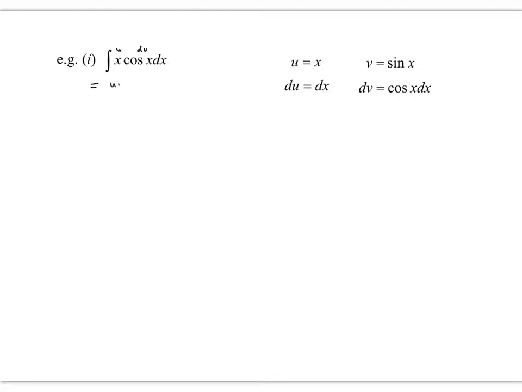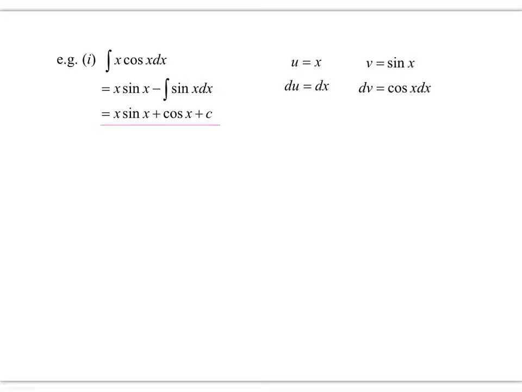What we end up getting is uv, take away the integral of v du. Substitute your four expressions into that integration by parts rule. I do recommend and strongly advise that you write that each time. So u is x, v is sine x, the integral of v du, so the integral of v du is that.